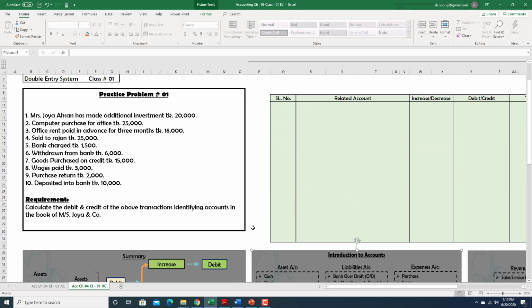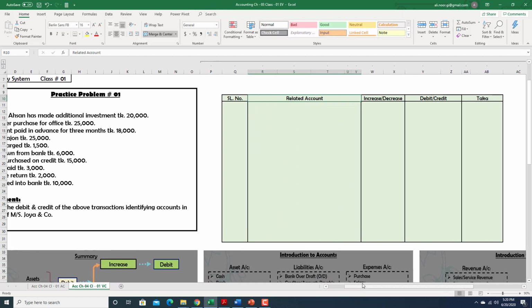Okay, let's read the requirements. Calculate the debit and credit of the above transactions, identifying accounts in the book of Mrs. Joya and Kong. Okay, so in my table there is a serial number because there is no date, so I will use this serial number 1, 2, 3, 4, etc. And related accounts, column number 2, and then there is increase or decrease.